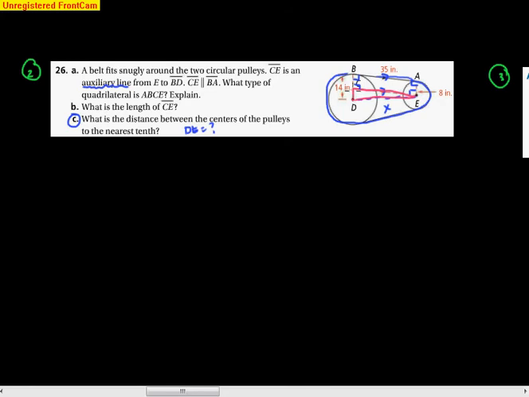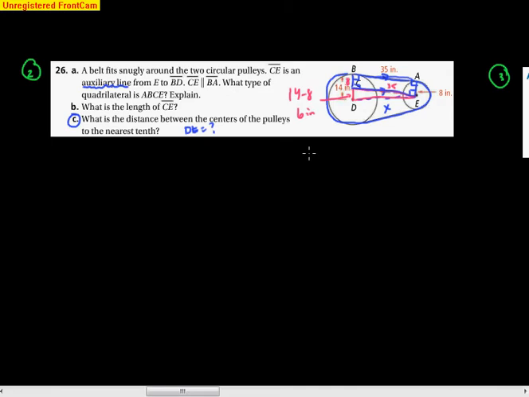So ABCE is a rectangle, this top figure. So opposite sides are congruent. So if this is 35, so is that. And if this is 8, so is that. Which forces this right here to be 14 minus 8, or 6 inches.